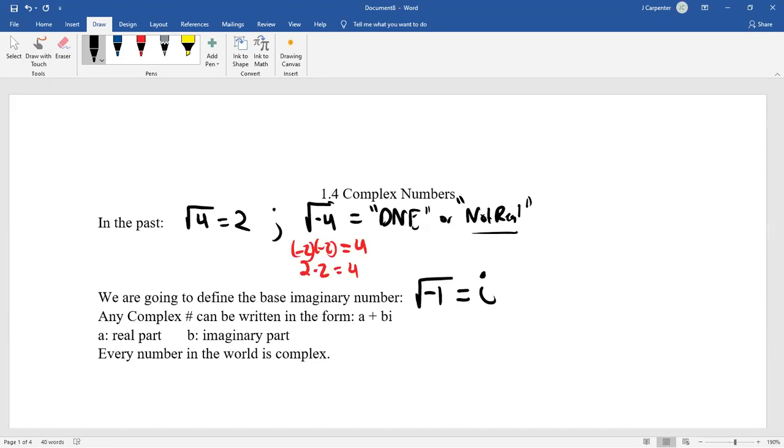Do you know how a real number is complex? You just make the b 0. So a, which is a real number, is complex. It's just that b is equal to 0. Also, bi is complex.